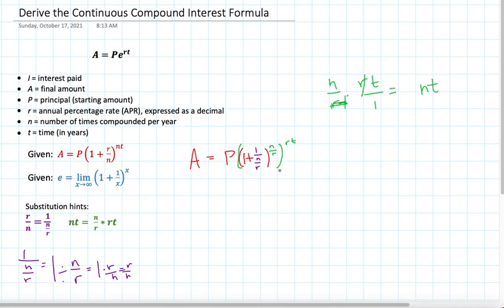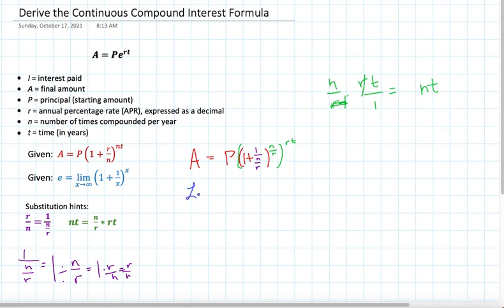So what we have right now is just a bunch of messy stuff. But if you notice, this 1 over n over r and this n over r here are kind of the same thing. So I can go ahead and let x equal n over r and see if we can get it to look a little bit more like one of our givens here.